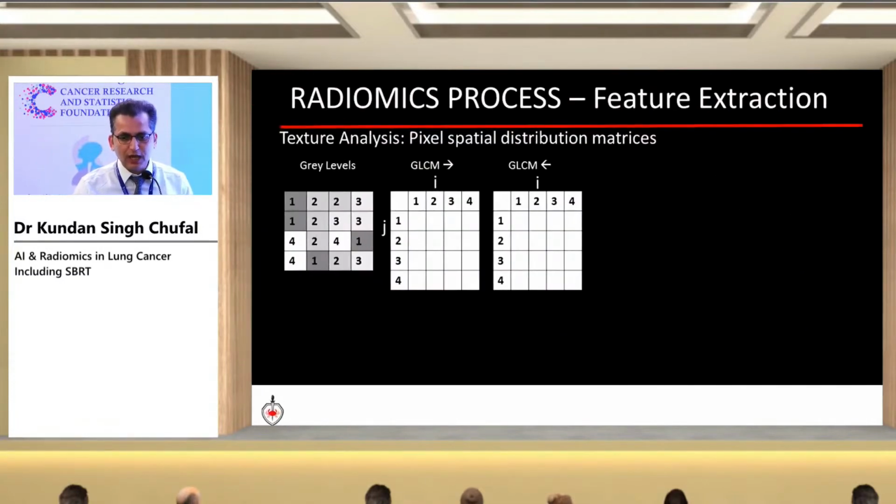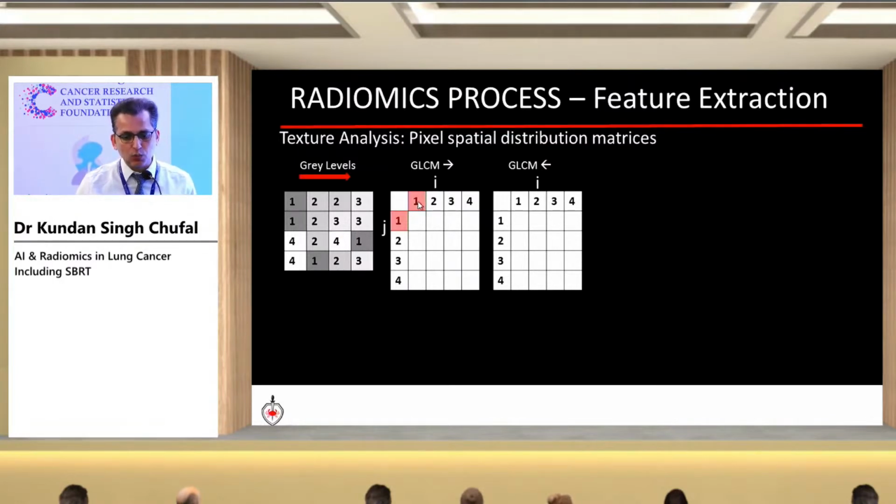Then we have textural features, which are very important. The basic philosophy behind this is that they represent some sort of biological process. I'll give you a very simple example. This is a gray level co-occurrence matrix. We have an I and J matrix, and this is an image with gray levels, and this is a matrix where we are collecting the data.